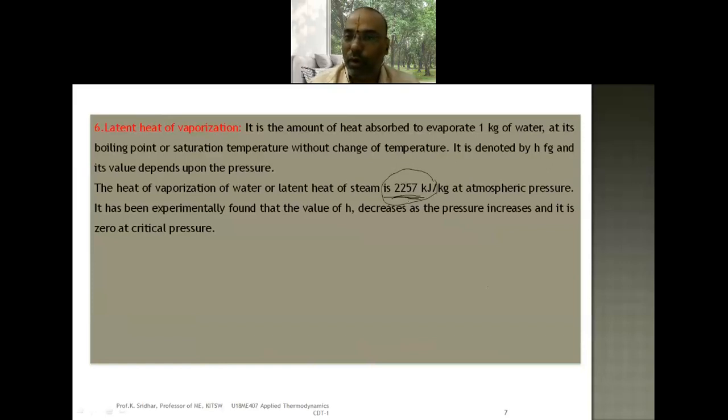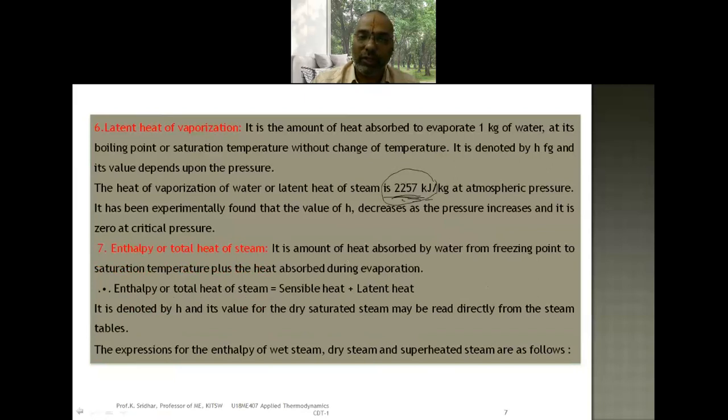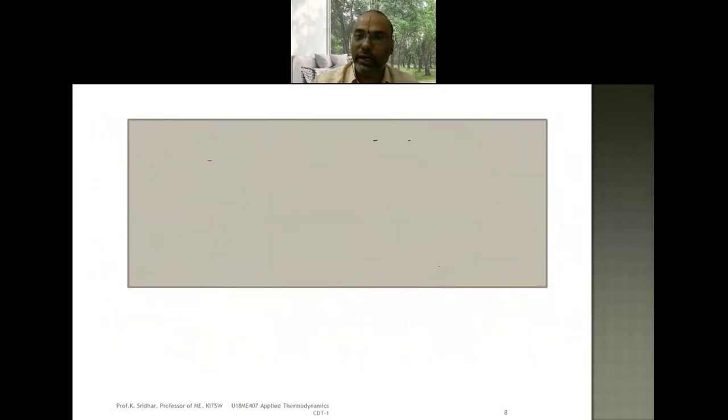Similarly, vice versa, if you want to condense 1 kg of steam into 1 kg of water, then this much heat is to be extracted from the vapor so that it will be converted into liquid. That is the meaning of the latent heat of vaporization. And I've already told you that the total heat is always equivalent to the summation of the sensible heat as well as the latent heat.